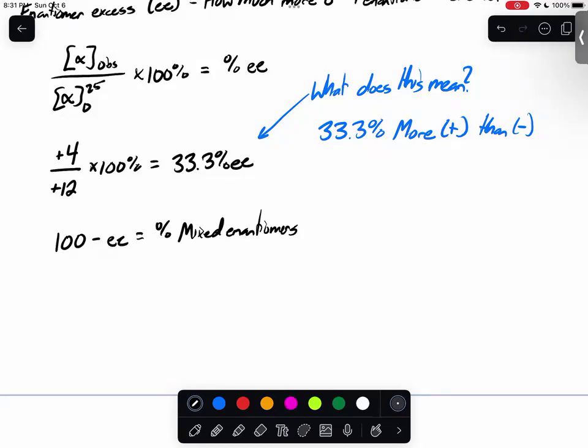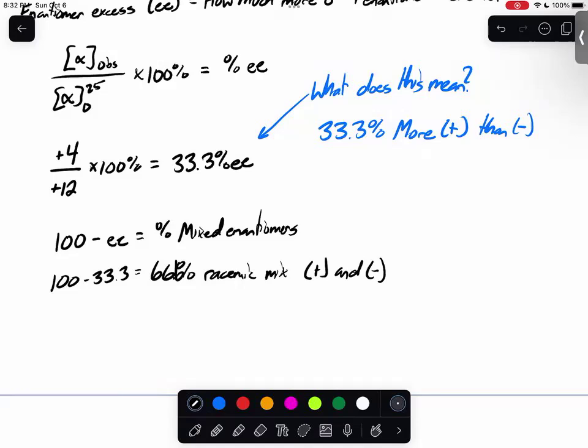So that means that in this case, 100 minus the 33.3 is equal to 66% of a racemic mix of plus and minus. Okay? Sorry, it should be 66.6. So essentially, that 66.6% is our racemic mixture portion.